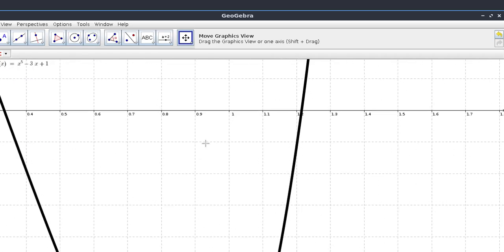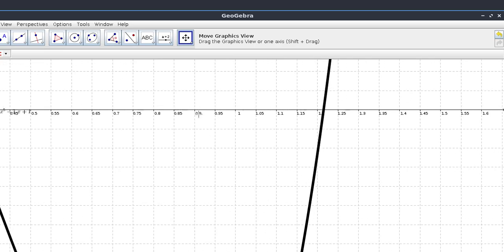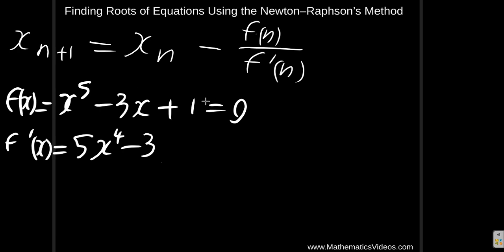We see what happens when we use 0.9 as our first estimate. So we say our x1 is equal to 0.9.